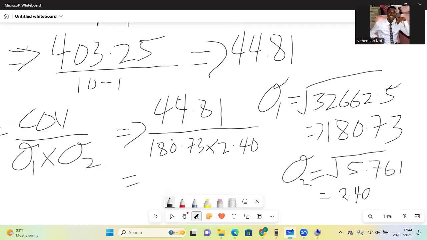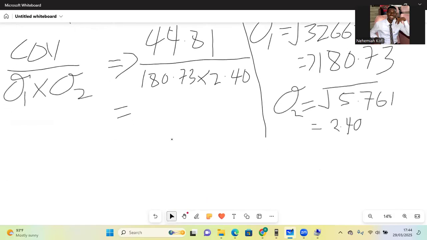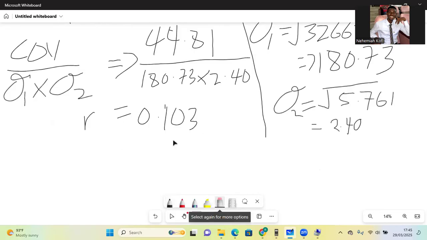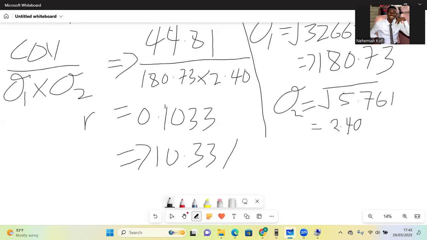And this is going to give us a total of R equal to 0.1033, which is equivalent to 10.33%.